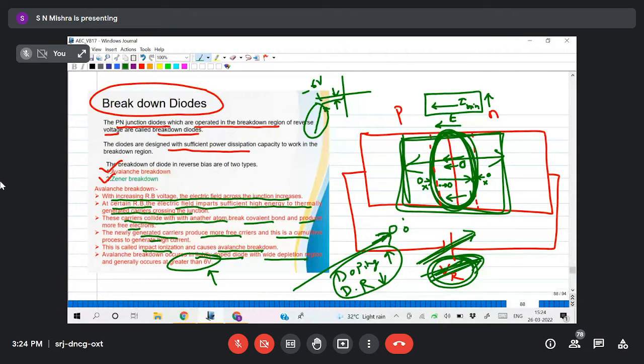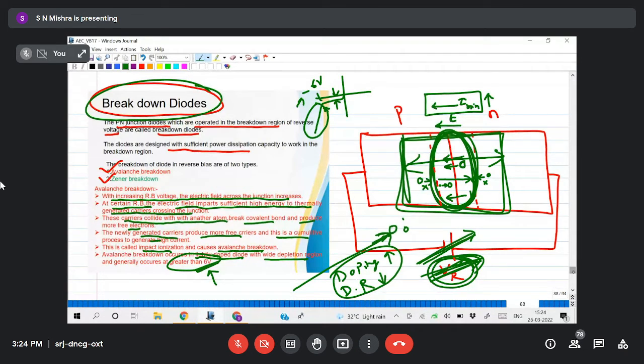Sir, generally it occurs at greater than 6 volt, but you told something about minus 6 volt. Reverse, na. Okay, sir. We are discussing the breakdown. Breakdown occurs only in the reverse condition, so reverse means this minus sign will be added. Here only the magnitude is written, right?